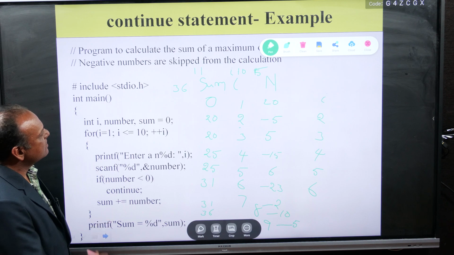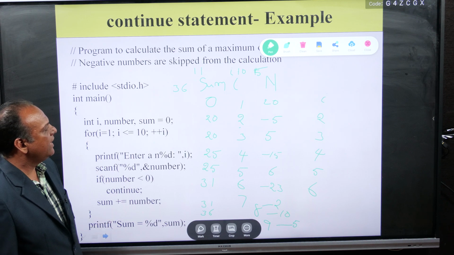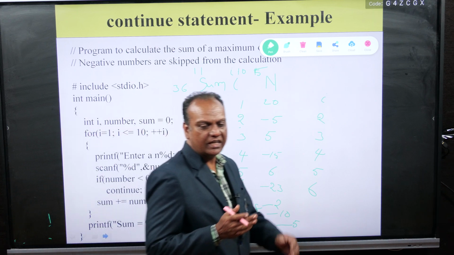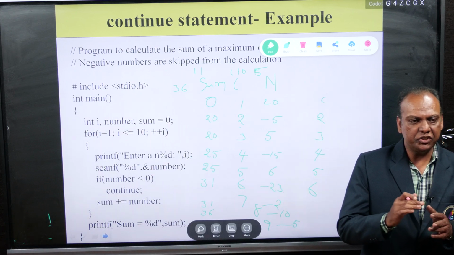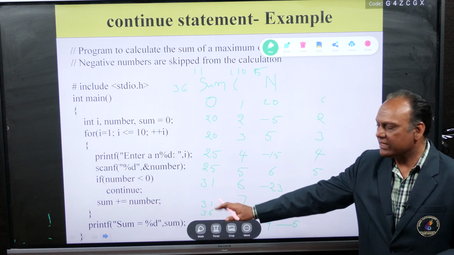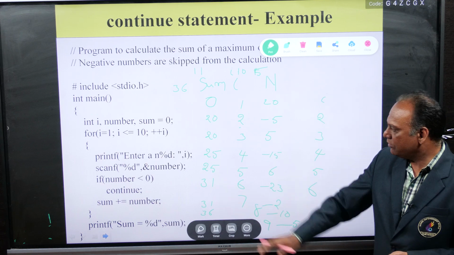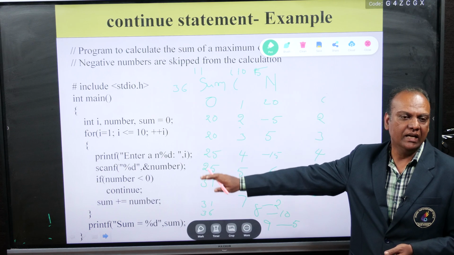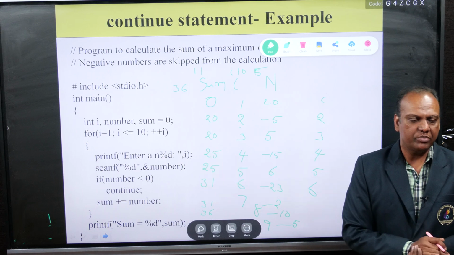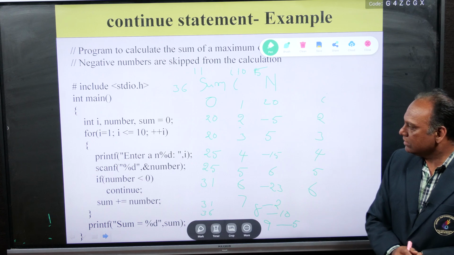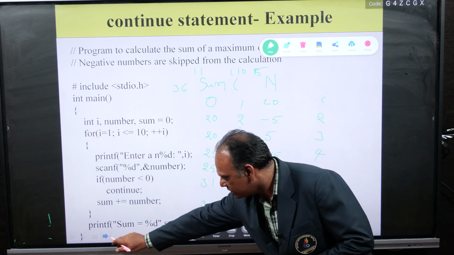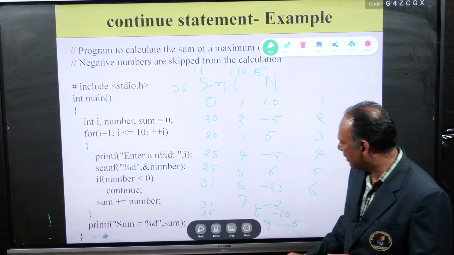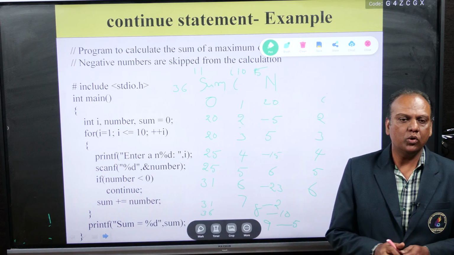So the continue statement is to continue for the next iteration by skipping the code. Here my intention is that only positive values will be added and the negative values will be skipped. So the continue statement is used to skip the code, and next we are going to see about the goto statement.